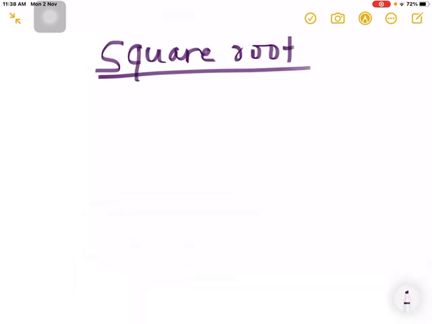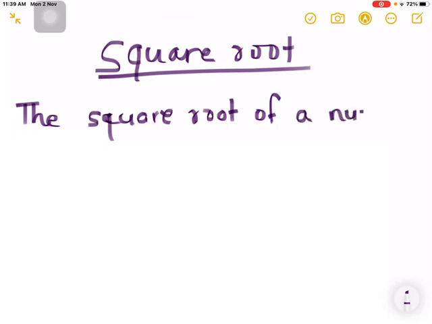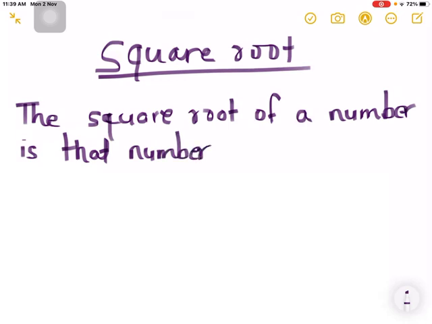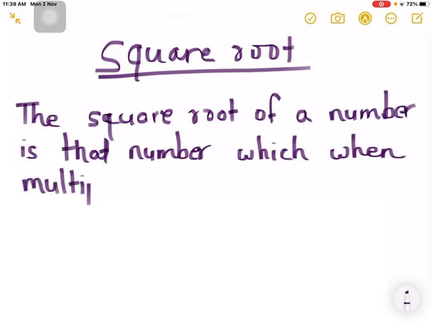Okay, let me take this side here. The square root of a number is that number which when multiplied by itself produces the given number.